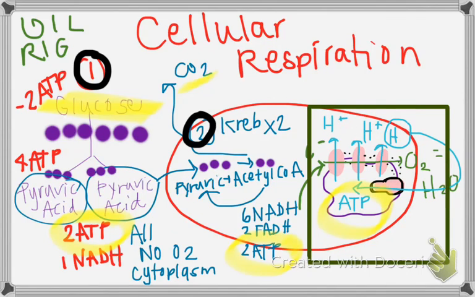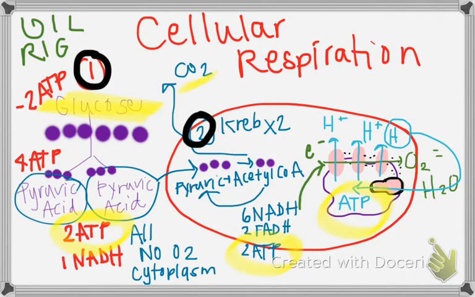Okay, let me add one more detail to my picture, and then we'll move on to cellular respiration part 3. Okay, NADH, we said, drops its electron off right there at the beginning. Well, FADH, if you'll look at this dark blue arrow, FADH drops its electron off at that molecule.